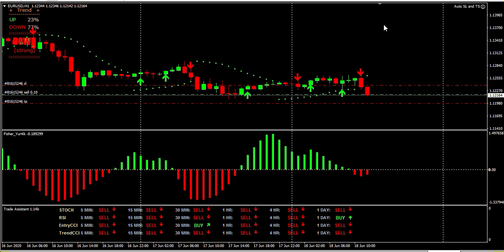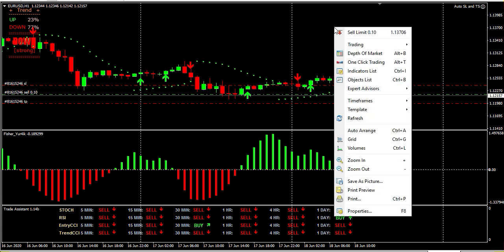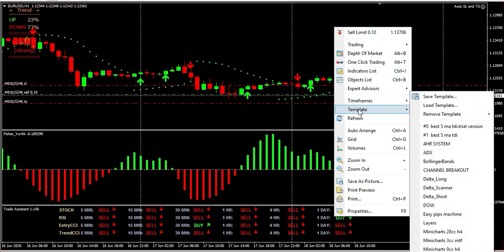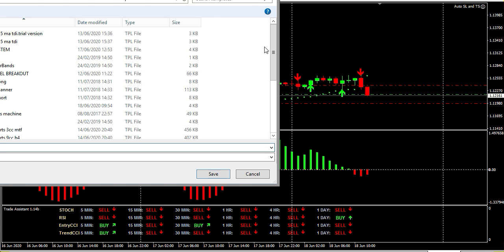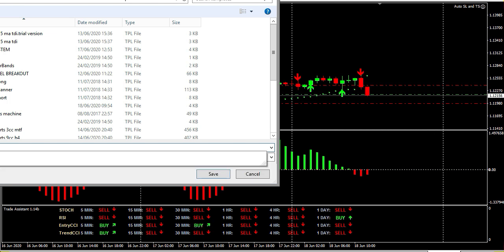Okay, now what we're going to do is save it as a template. I already have a template, but I'm showing you how to save it, to put it on the other charts, and give it a name. Now give it a name: no brainer, no brainer system.